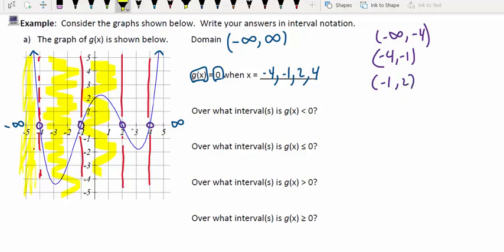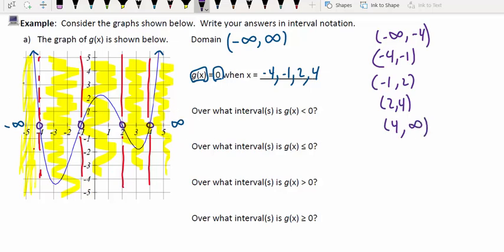The fourth region here has x values between 2 and 4. So some of my answers will involve the interval 2 to 4. And then finally we have the part of the region on the graph whose x values are bigger than 4. That would be here. Anything in this region would be considered the interval from 4, and then remember this goes to the right to infinity.